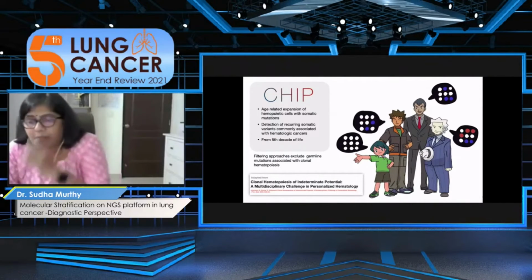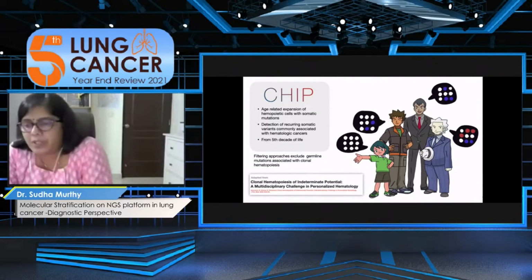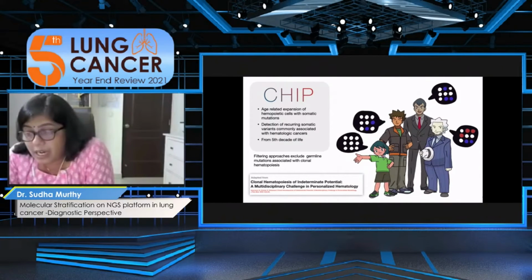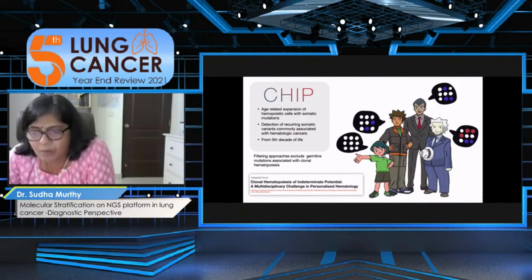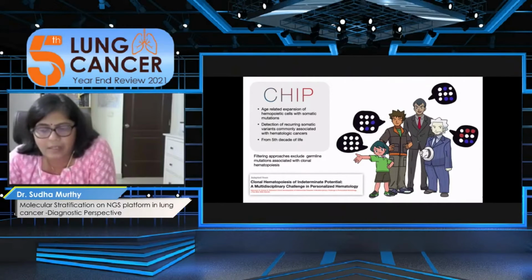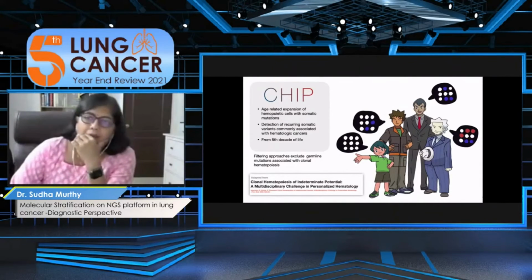We know that approximately 50,000 to 2 lakhs hematopoietic stem cells in an adult produce an estimated 10 to the power of 10 progeny blood cells every day. So after repeated cell divisions, these cells accumulate acquired somatic mutations. Just to explain in simple terms, during childhood, we do not have any mutations. But as we grow, we start having passenger mutations which are not harmful.